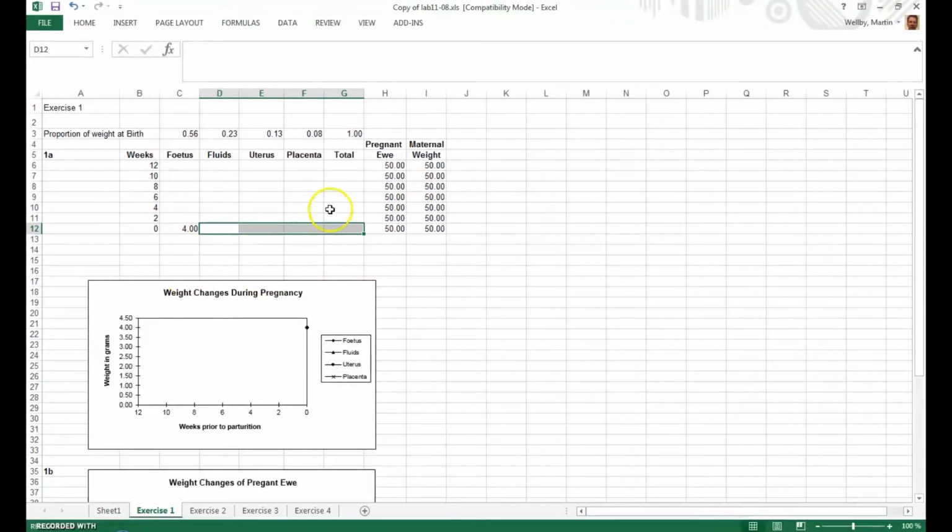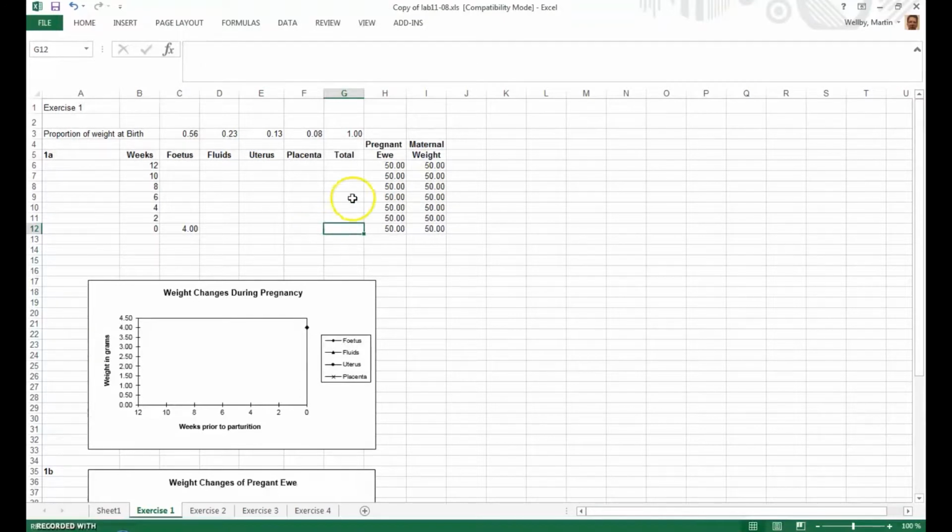So, got a table here, the different components across the top, and here is the weeks prior to birth down the side. So the one piece of information that we know is that at birth the fetus weighs 4 kilograms, and we also know that that is 56% of the total weight of all the material associated with this pregnancy.